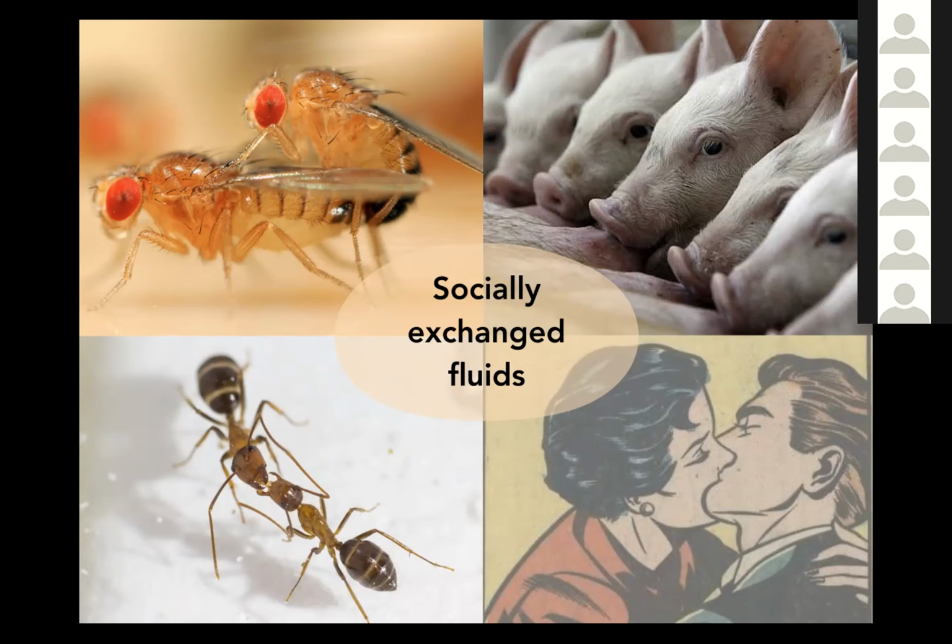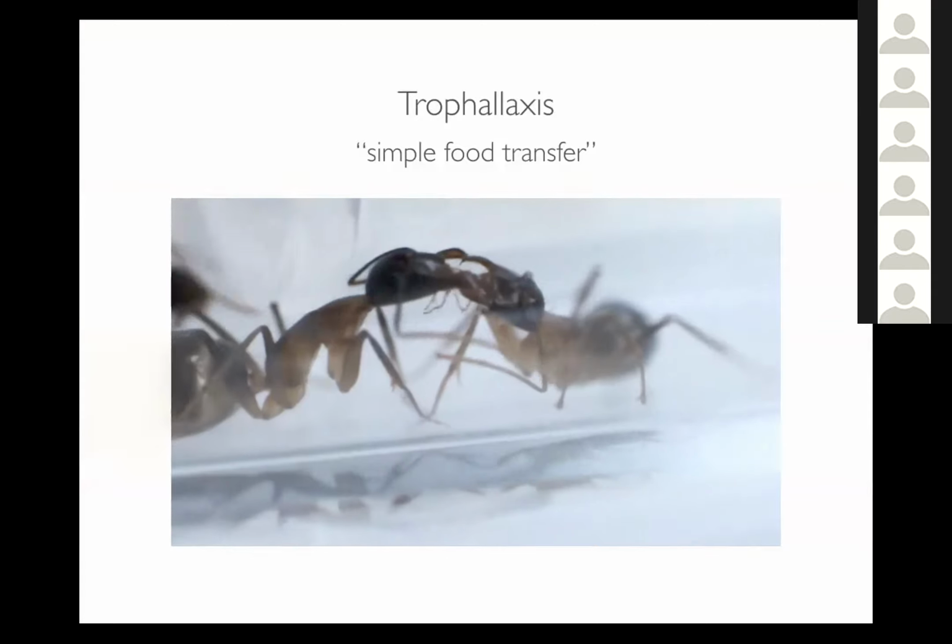One of the reasons I think social fluid exchanges are particularly interesting for collective behaviors is because they provide a private communication channel for consensus building, which is a critical thing in most collective decisions. In particular, the social fluid exchange that I study is the one down here in this quadrant, trophallaxis.